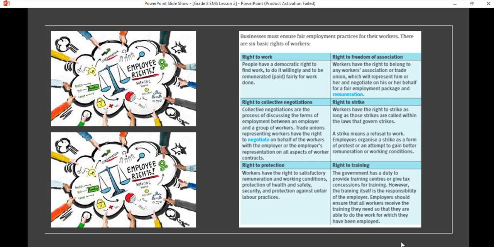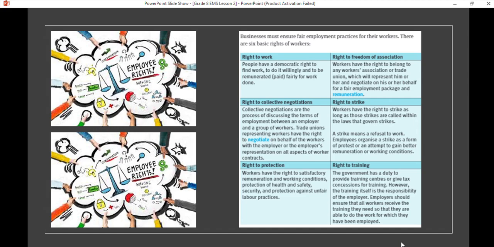Each job will get its own remuneration. The right to collective negotiations means you don't necessarily just negotiate one-on-one, but as a group. That's where a trade union comes into play. The workers are united and represented by someone who will negotiate on their behalf.